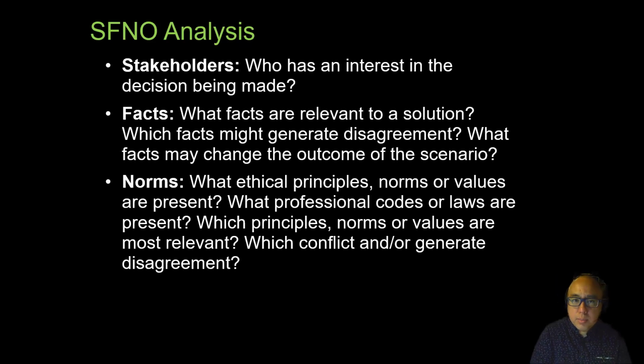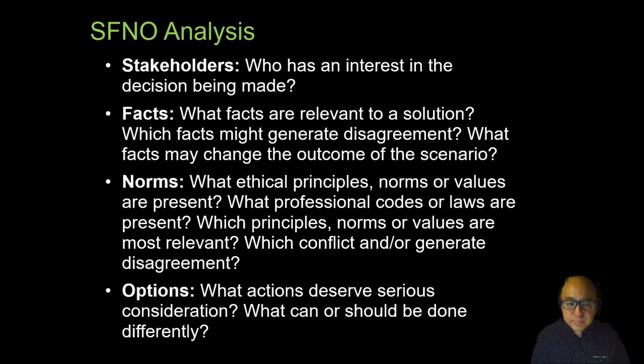As I mentioned, this includes respect for persons, beneficence, justice, and any professional codes or laws that are detailed and specific to an area of research that governs the way research should be conducted in that particular field or area. And then O stands for options. What are options that are available to rectify the scenario or to lead to a better outcome so that this scientific misconduct can be prevented for future research from the same institution or from the same group?